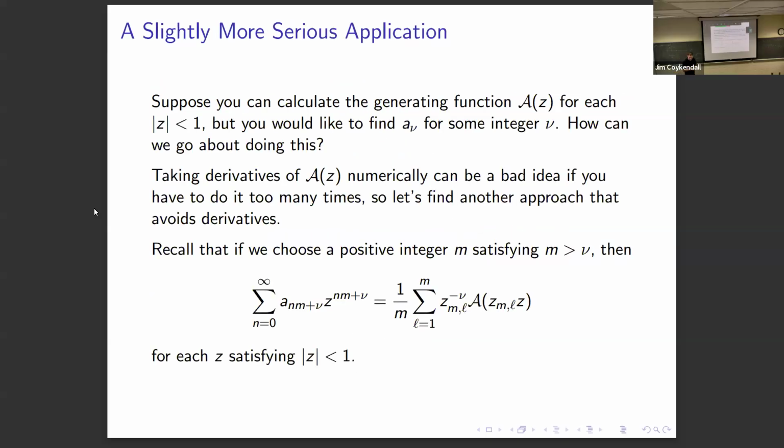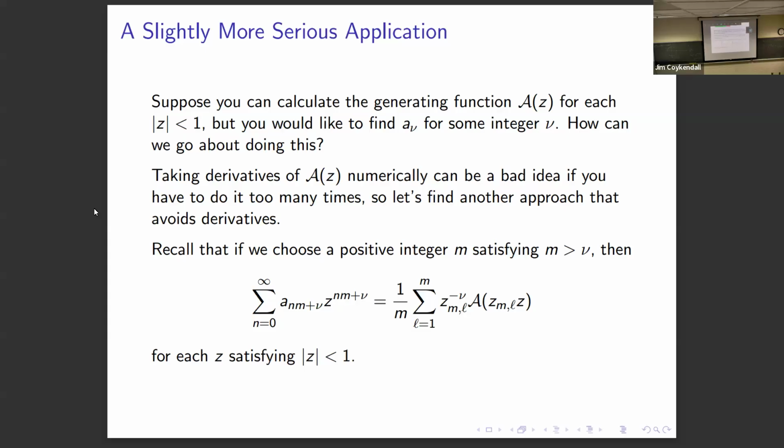What about numerical transform inversion? So back at the beginning of the lecture, I told you that there's a one-to-one correspondence between real number sequences and their generating functions. And I used derivatives to establish that one-to-one correspondence.